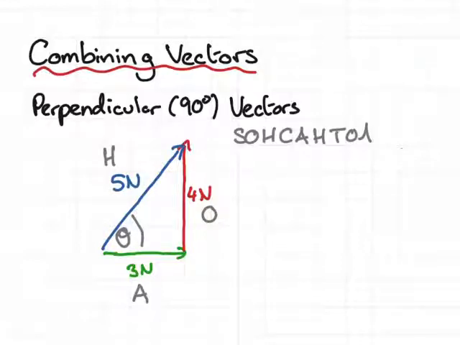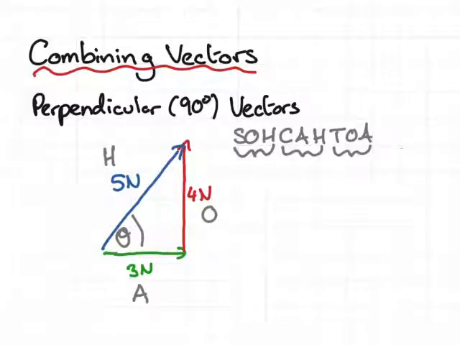Now I have all 3 quantities for the sides of my triangle, which means I could actually use any one of the rules for sine, cosine, and tan. So I could do opposite divided by hypotenuse, adjacent divided by hypotenuse, or opposite divided by adjacent, and then do the inverse of either sine, cosine, or tan.